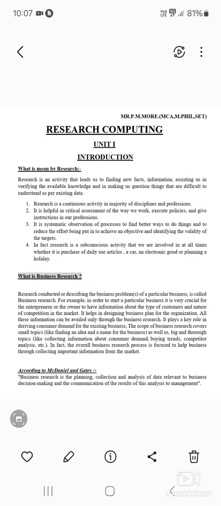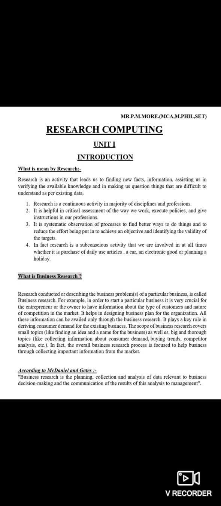Means to achieve an objective, we have to find the observations, and upon that we have to create a research. In fact, research is the subconscious activity that we are involved in at all times, whether it is purchase of daily use articles like a car and electronic goods or planning a holiday.